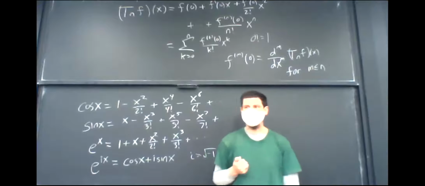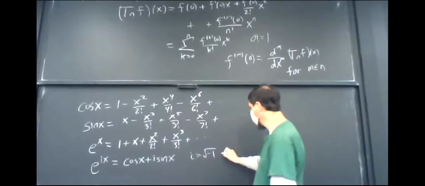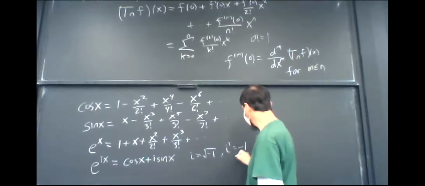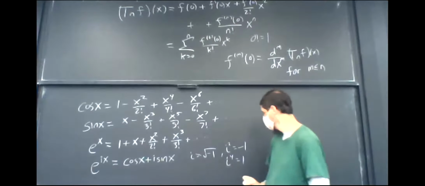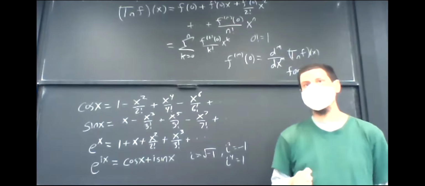But what's i to the 5th? If i is the square root of negative 1, what does i squared equal? And so what does i to the 4th equal? 1. So every time you increase the power of i by 4, you return to 1.